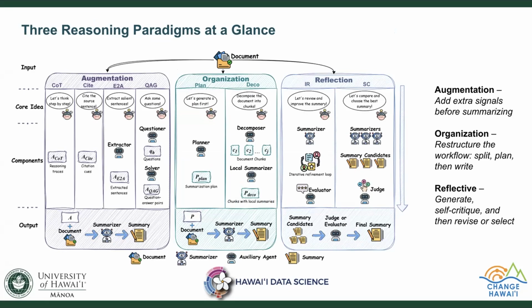But for every paradigm, like augmentation, it means before summarization, we add some extra signals, just like chain of thought. We ask it to think about some important intermediate steps. And organization means we restructure the workflow.